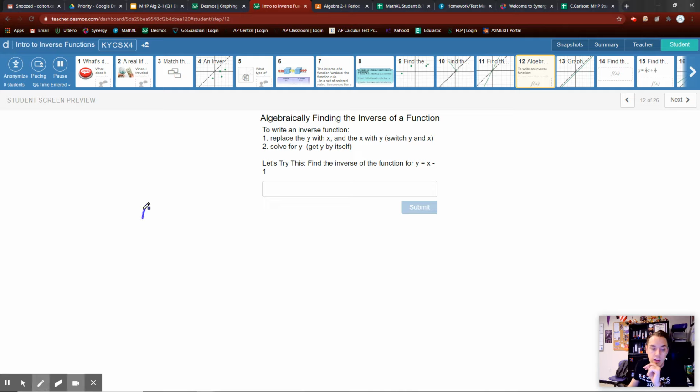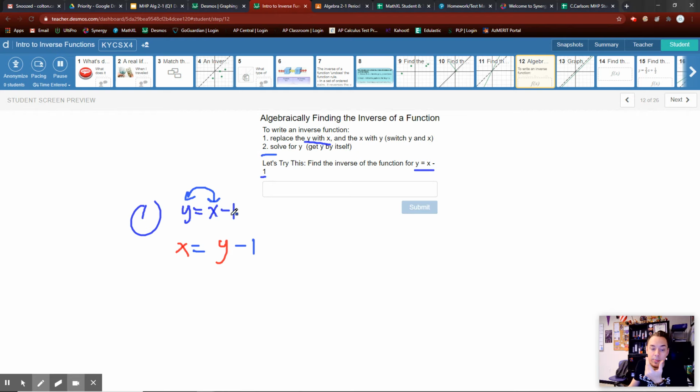So first things first, they want us to find the inverse of this, y equals x minus 1. So the first thing is I'm going to replace the y with the x. So watch what I do here. I'm going to take x and y, and I'm actually going to switch spaces with it. So x equals y minus 1. So what I did here was I actually switched those together.